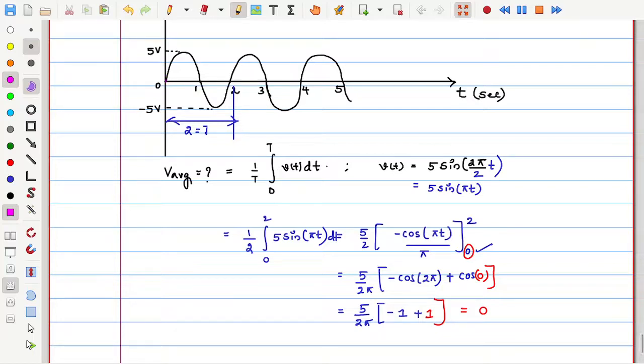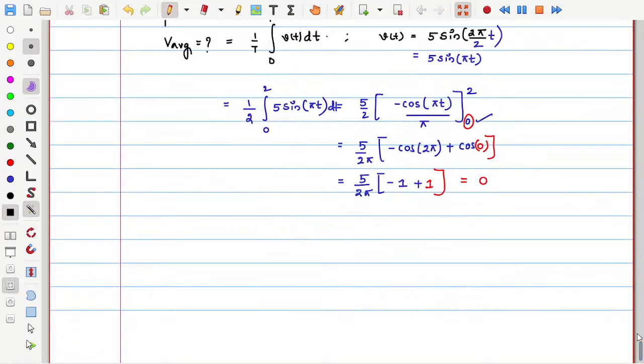Whenever the positive half cycle area is equal to the negative half cycle area, or if these are mirror imaged, meaning it looks like the same copy but on the negative side, this kind of waveform we call a symmetric waveform. Symmetric means positive and negative are both in the same way.